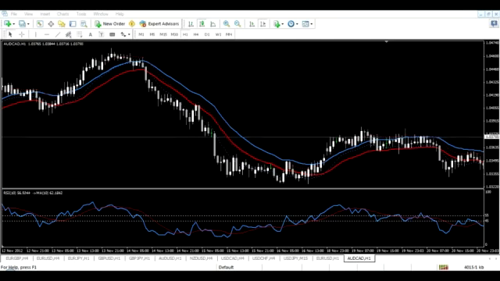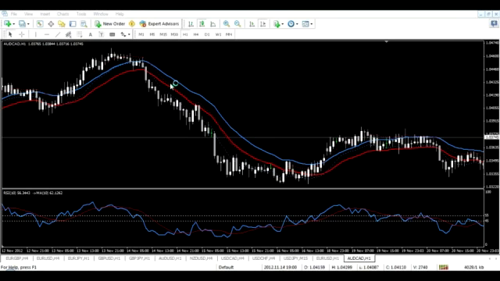The indicators, again, sure, I'll go really quick. The solid blue line is the 20 EMA of the high, the exponential moving average. The red one is the 20 EMA of the lows. The red dotted line is the 10 EMA of the highs. The blue dotted line is the 10 EMA of the lows.